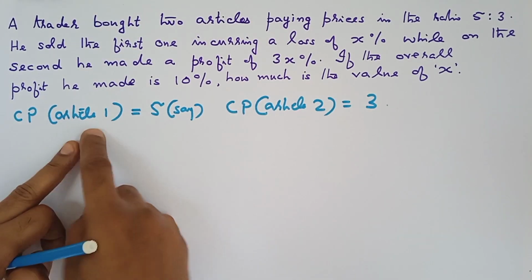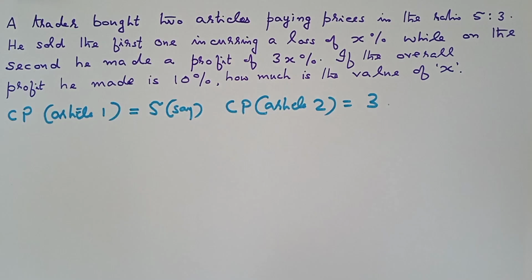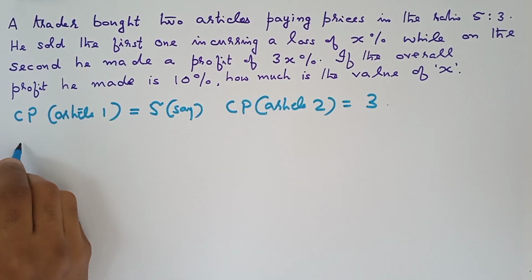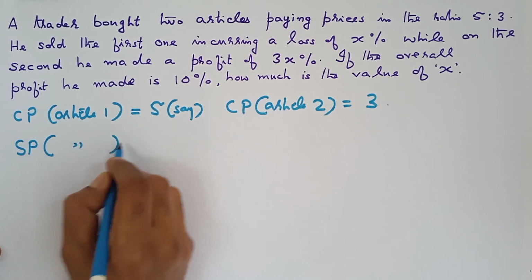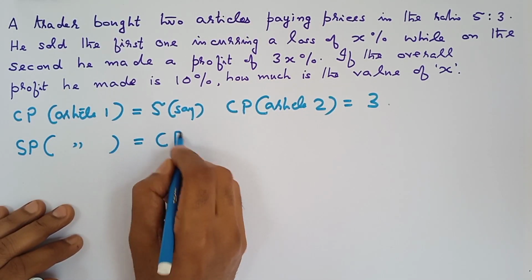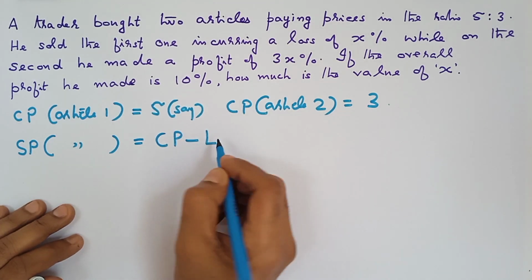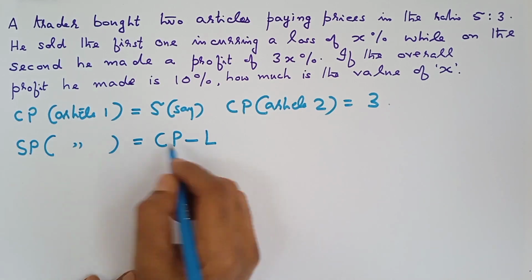Now this one is said to be sold with a loss percentage of X. So how do you find out SP of this? SP, again article 1. See, SP equals CP minus loss. When there is loss, CP will be bigger than SP.